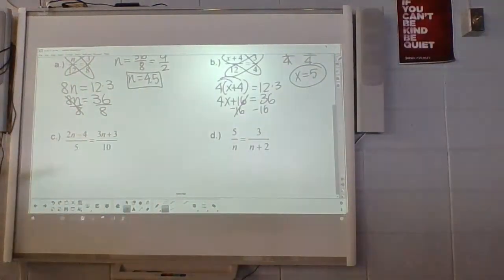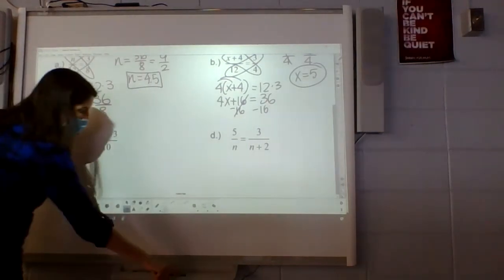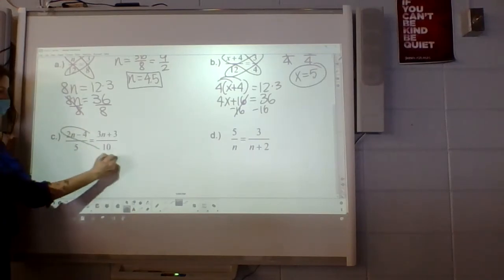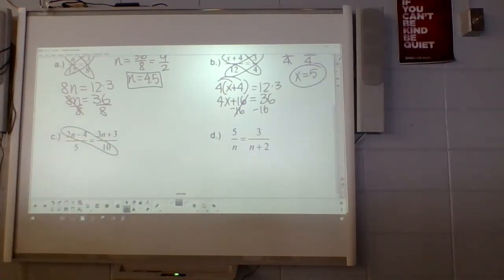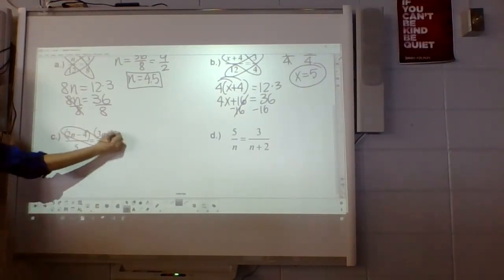So this next one in C, we have to cross multiply again. But this time when I'm cross multiplying, I'm multiplying that 10 by the 2n minus 4. So again, I want to use parentheses here. Same thing on this side.